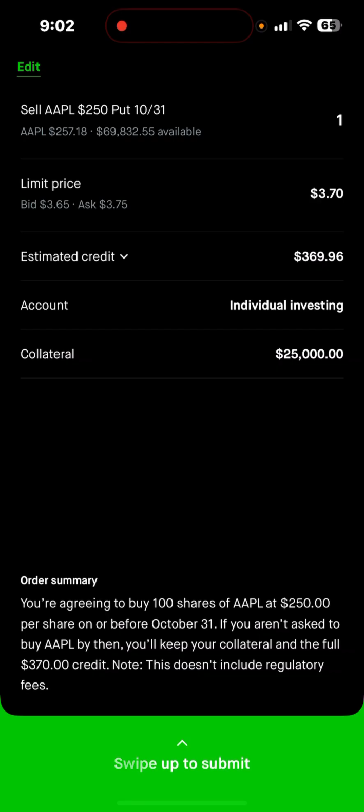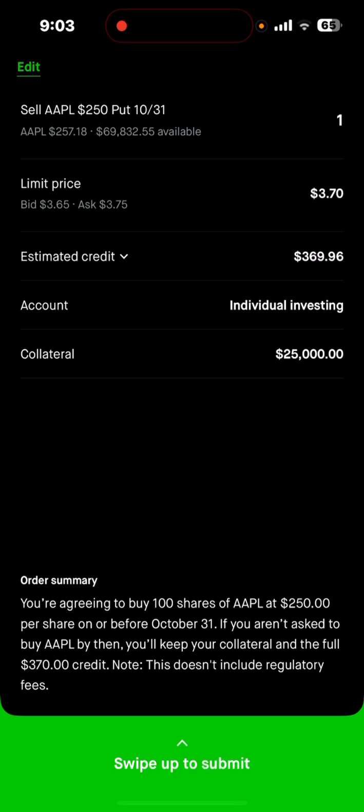This is the collateral. You have to have $25,000 cash on hand in order to buy. If Apple on October 31st is above $250, then you keep all the premium and you don't have to buy back any contract.